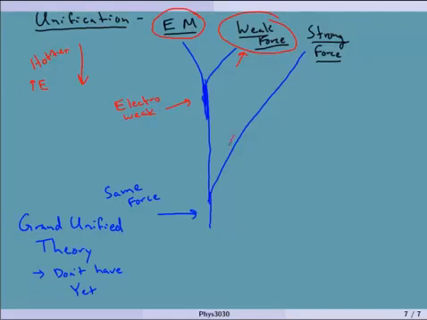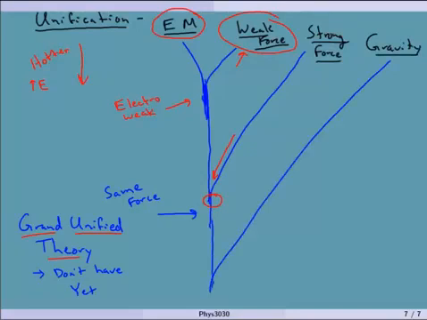Everyone assumes that the strong force will come in here and interact, and we understand all of these guys on a particle basis pretty well. So we assume that there's a grand unified theory. And of course, if I go back far enough in time, way back to the beginning of the universe, there's an idea that there should be some theory that covers all the forces.